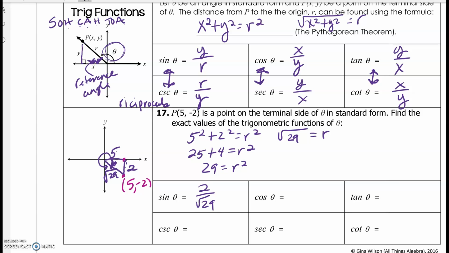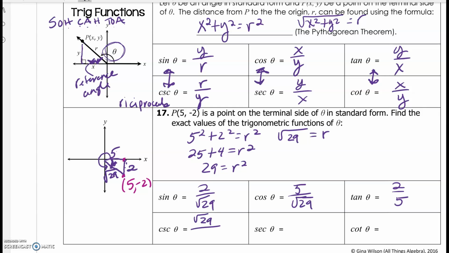Cosine is the adjacent. That's going to be 5 over square root of 29. And we're not going to worry about rationalizing that. We're just going to do this with the radical in the denominator. And tangent is opposite over adjacent. So that's 2/5.